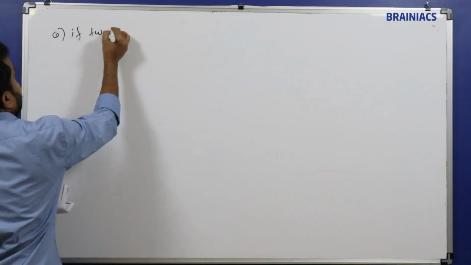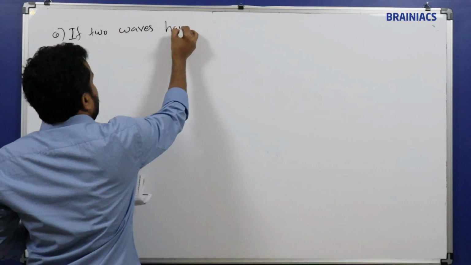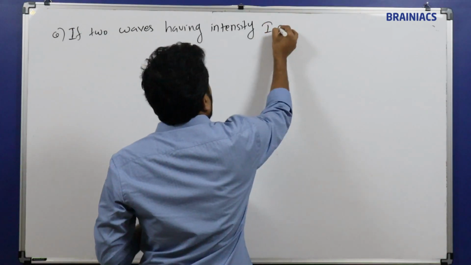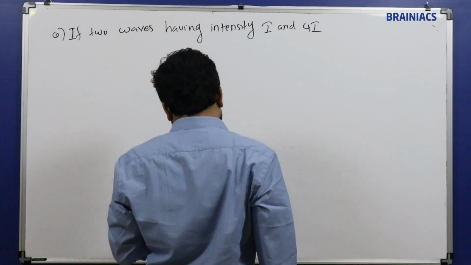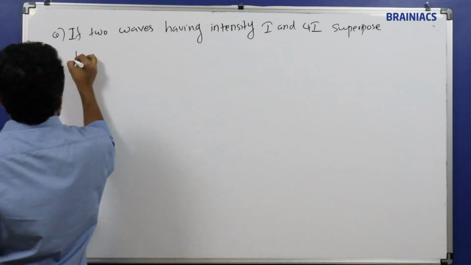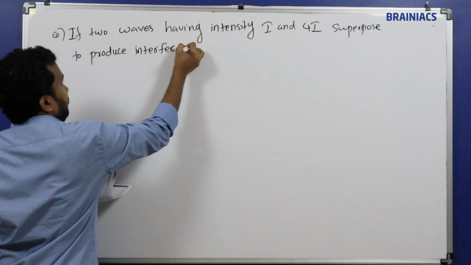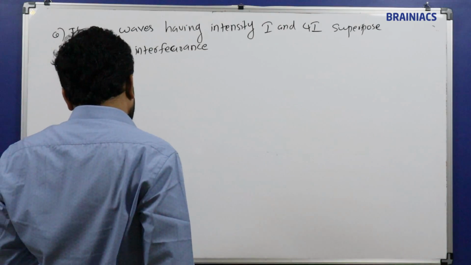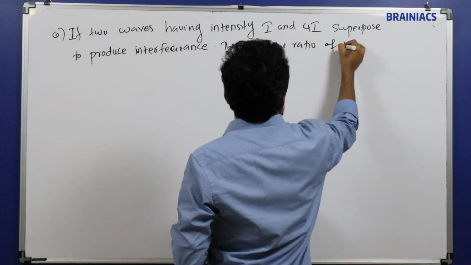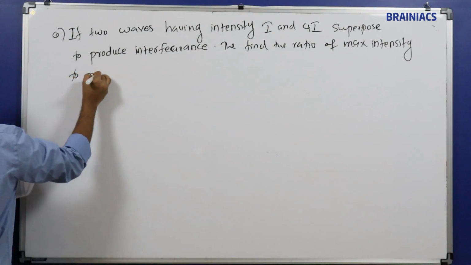If two waves having intensity I and 4I superimpose to produce interference, then find the ratio of maximum intensity to minimum intensity.